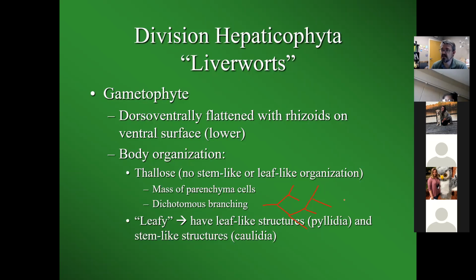You find it in leaves, regular plants. So a phyllidium is basically saying it's a leaf-like structure. And stem-like structures are called caulidia. Caul is stem. Maybe you've eaten cauliflower. So that's got a reference to stem in the name.